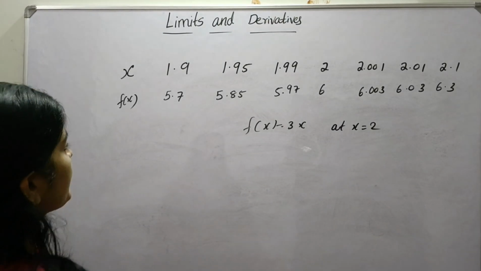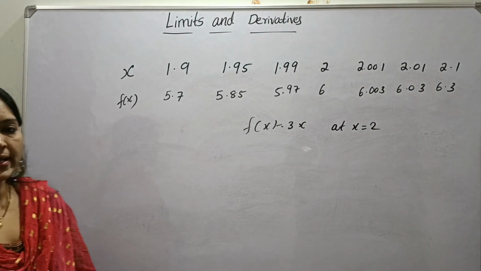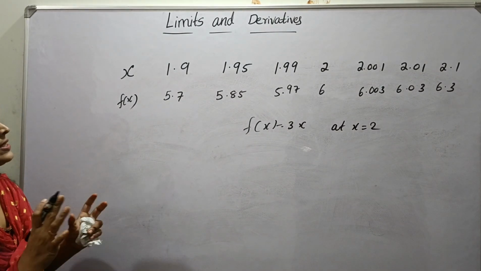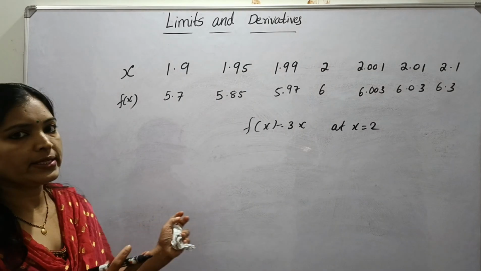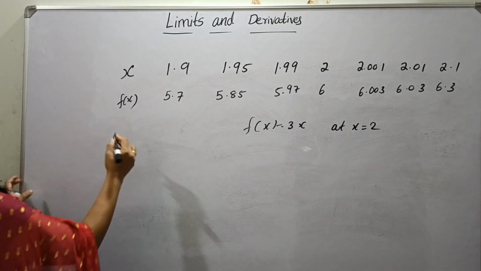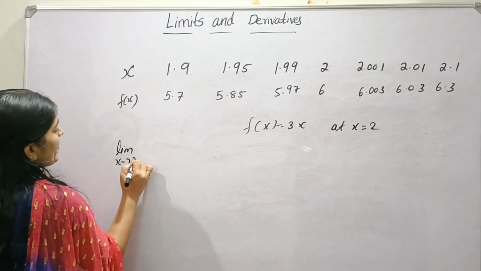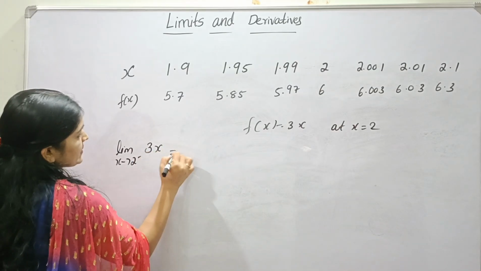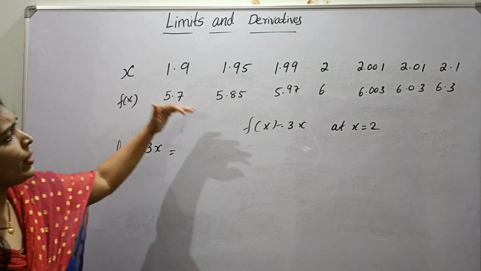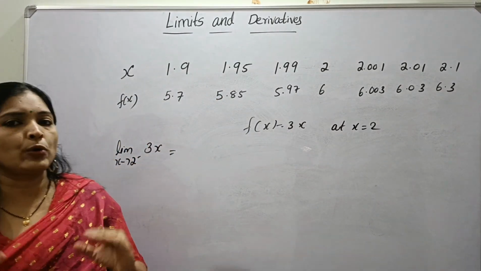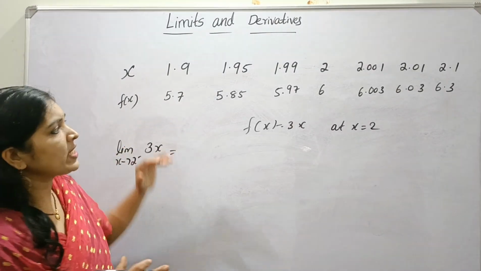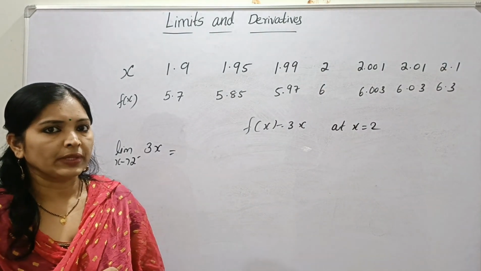Look at this example. The function is f of x is equal to 3x, and the function at x is equal to 2. Okay. See here, I have written some values nearby 2, that is approaching to 2, left and right. So here, limit x tends to 2 minus f of x, that is 3x. We observe that when x values are approaching 2, either right or left, the f of x values are approaching 6, right?